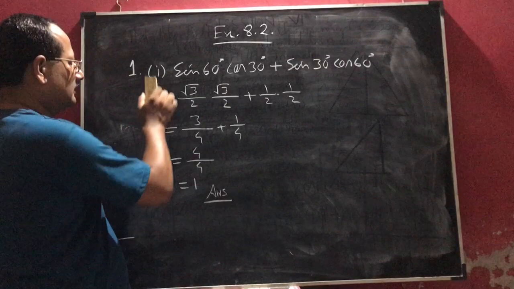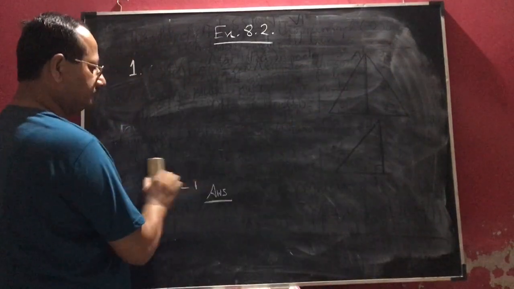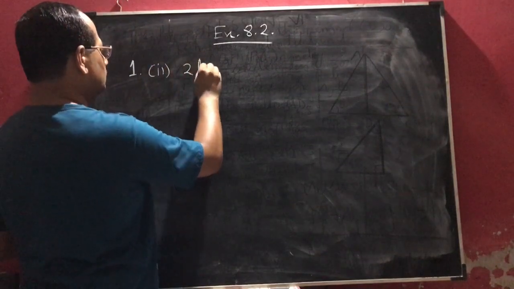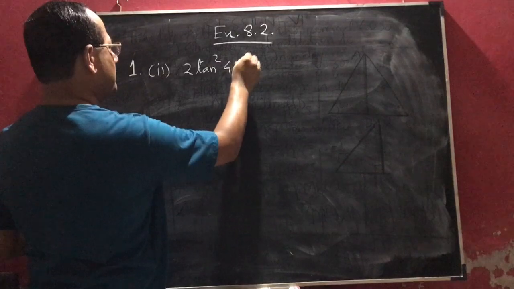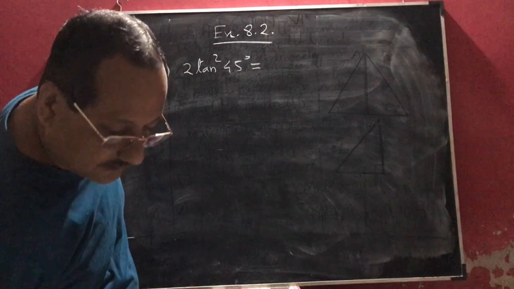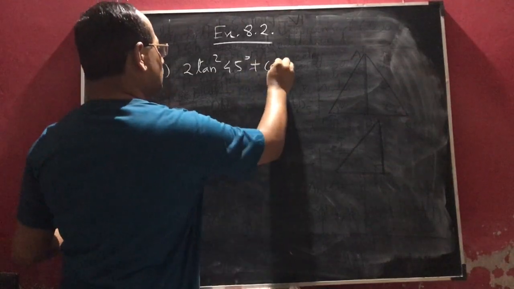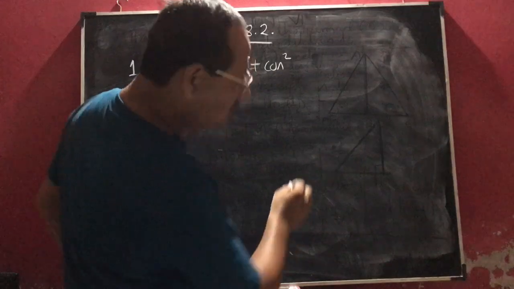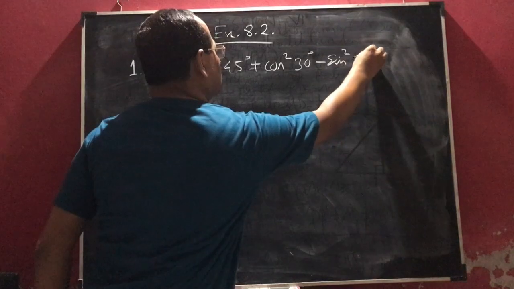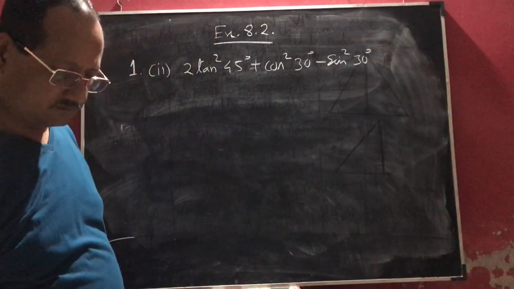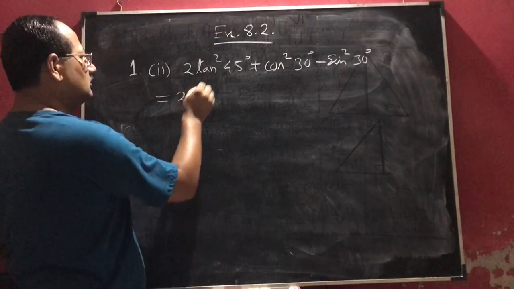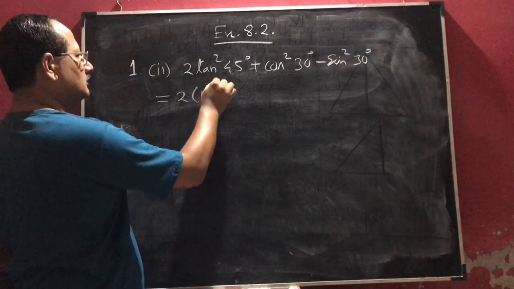Next, number 2: 2 tan square 45 degree plus cos square 30 degree minus sin square 60 degree. Tan 45 degree is 1, so 1 square.